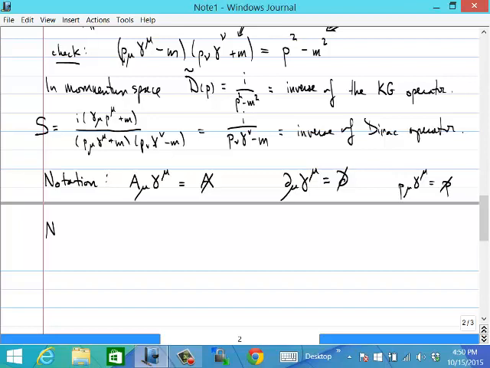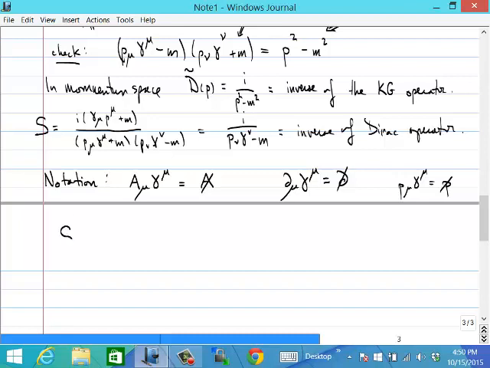So D slash, for example, is a 4 by 4 matrix whose entries are various different derivatives: d by dx, d by dy, and so forth. It seems like a kind of annoying notation at first, but it does make your life a lot simpler.